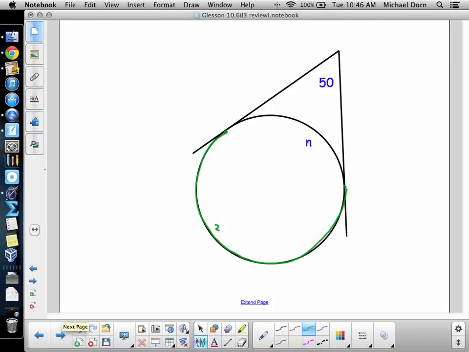So this must be 360 minus how much? N. So again, my formula, 50 is 1/2 of 360 minus N minus N. So big arc minus small arc. We have to combine those Ns. Multiply by 2 also, I get 100.